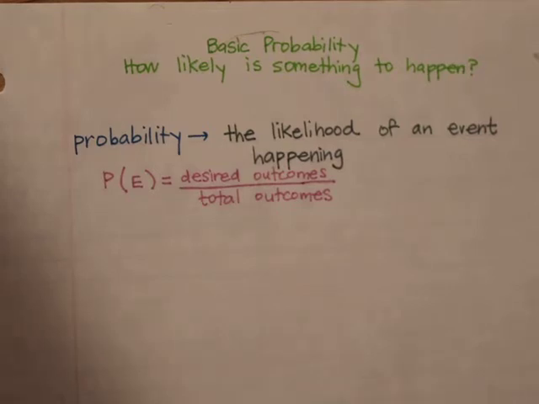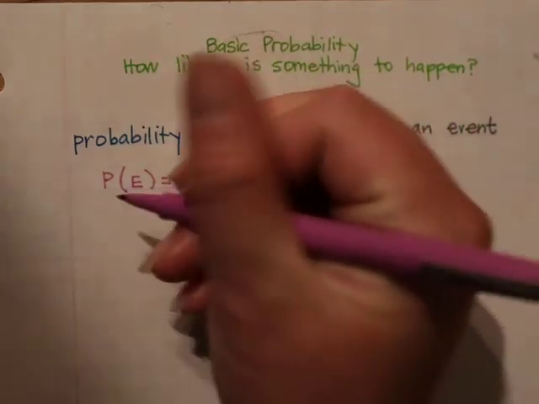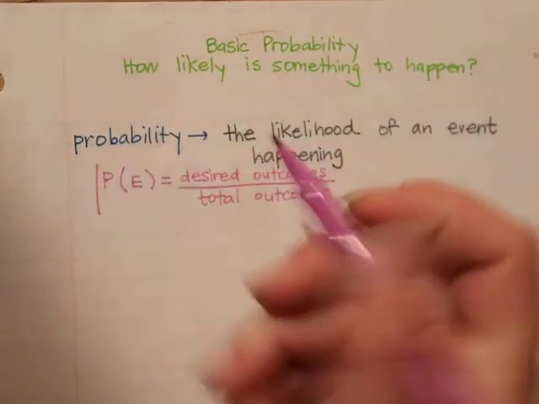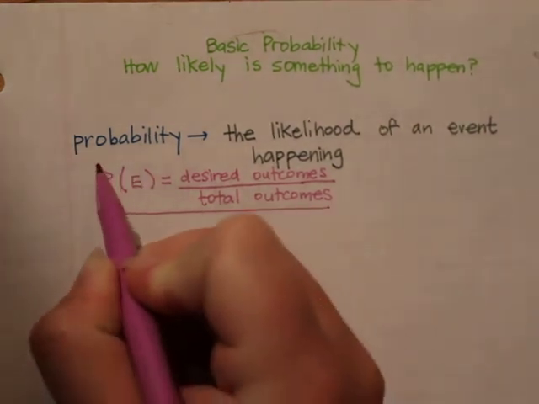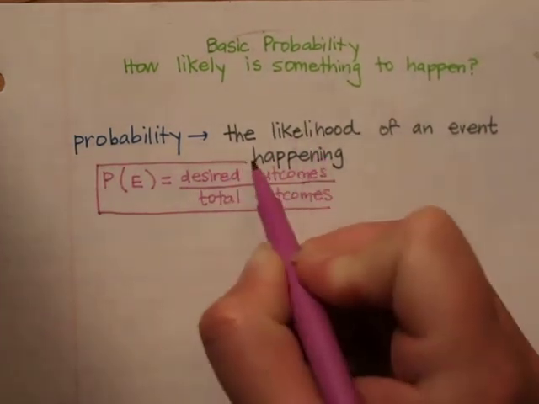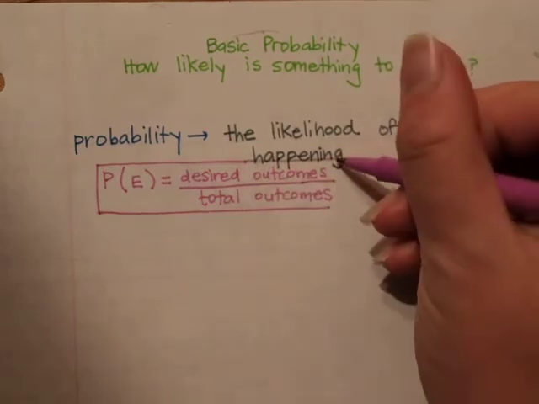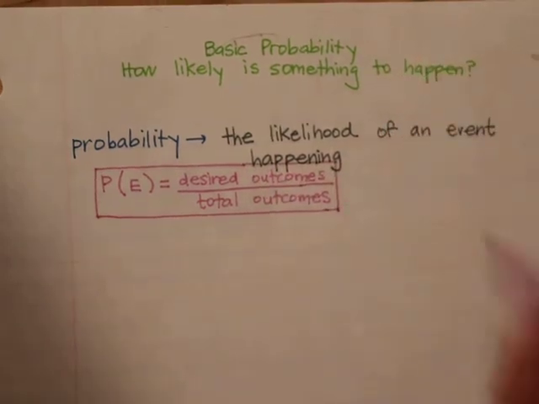Tails is one outcome out of 2 sides of the coin. Or if we're rolling a die, rolling a 3 would be 1 out of 6. So that's our formula for whenever we're doing stuff with probability. It's a pretty general formula, but definitely comes in handy.